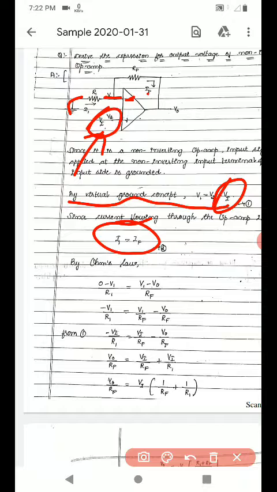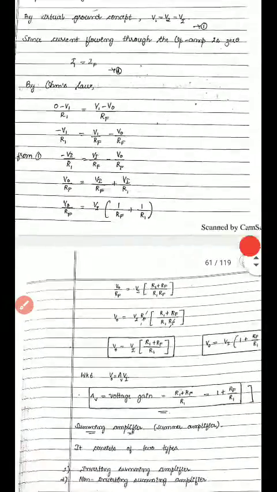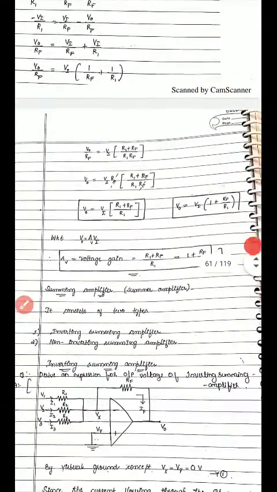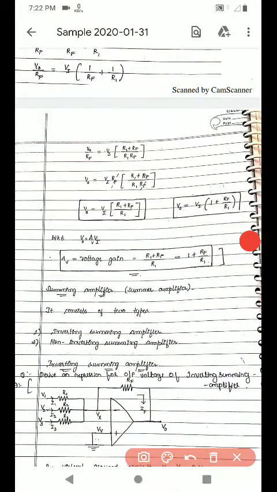Again by using Ohm's law, I1 is written as 0 minus V1 divided by R1, and If is written as V1 minus V0 divided by Rf. Substituting and rearranging the terms, I obtain V0 equals Vi into 1 plus Rf divided by R1.